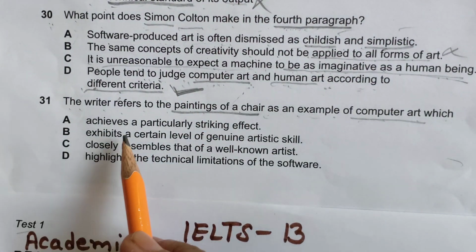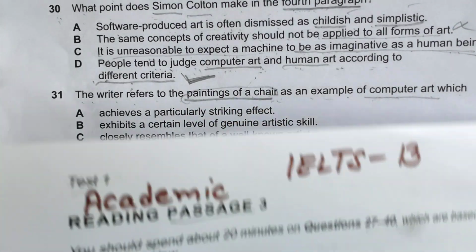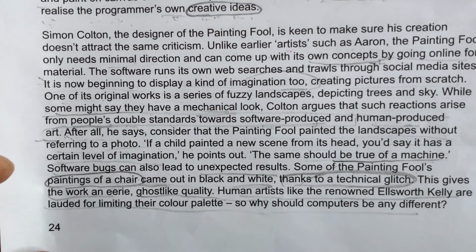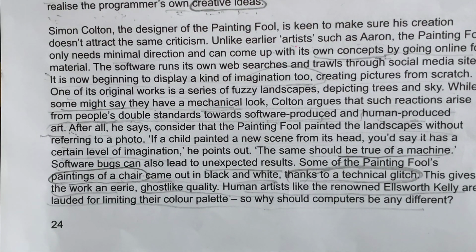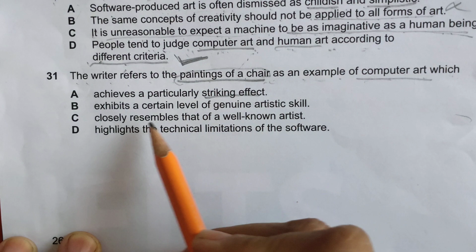Okay, let's read it. The next one, paintings of a chair. Yes, paintings of a chair, it is given here. Yes, let's read the options. Achieves a particularly striking effect, okay.